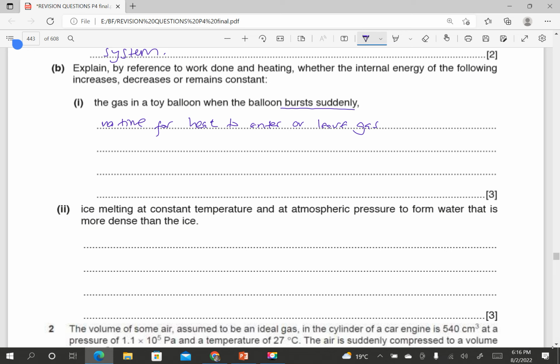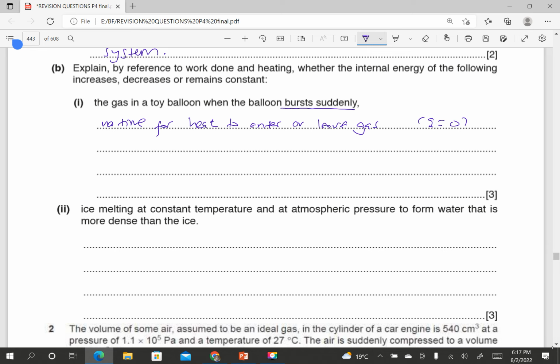If they said suddenly, then there is no time for heat to enter or leave the gas. So that means Q is equal to 0. But work is done by the gas against the atmosphere as it expands.